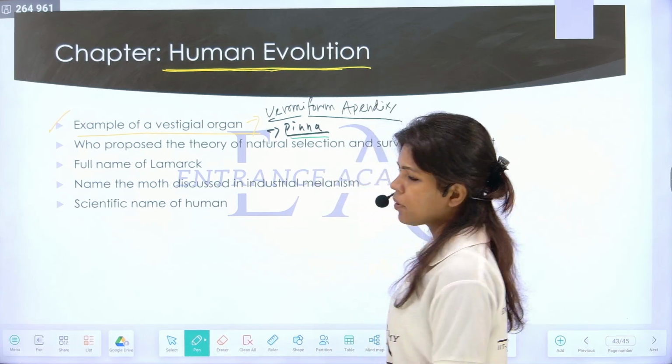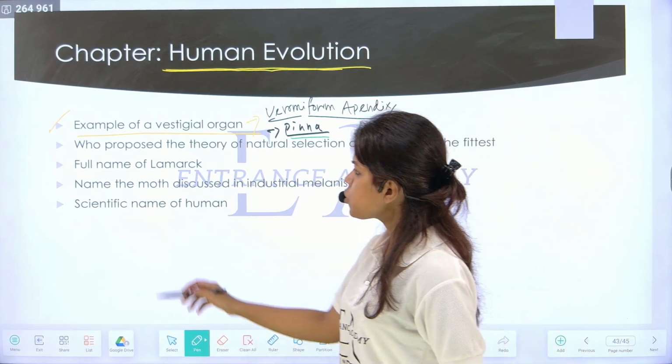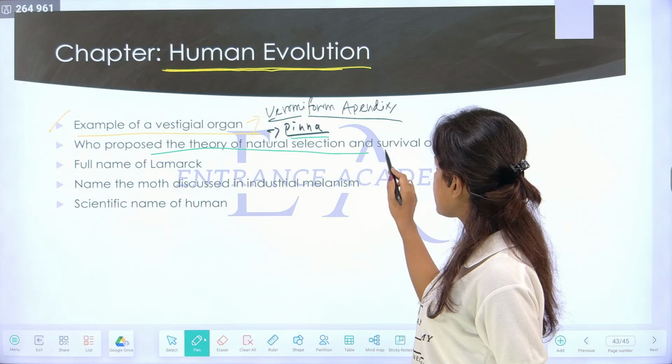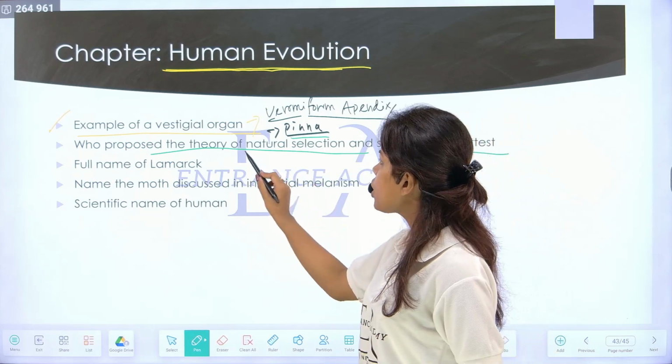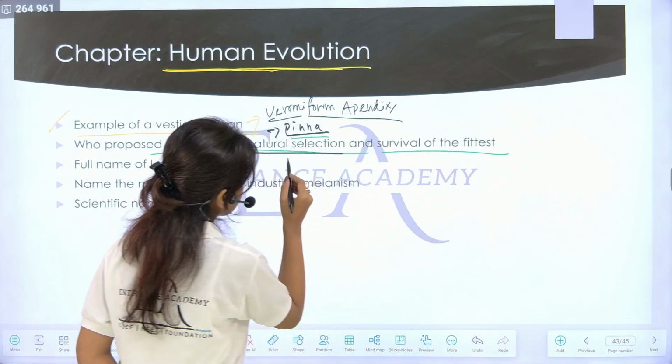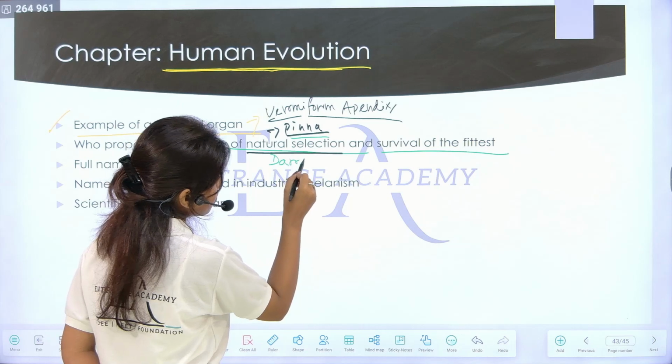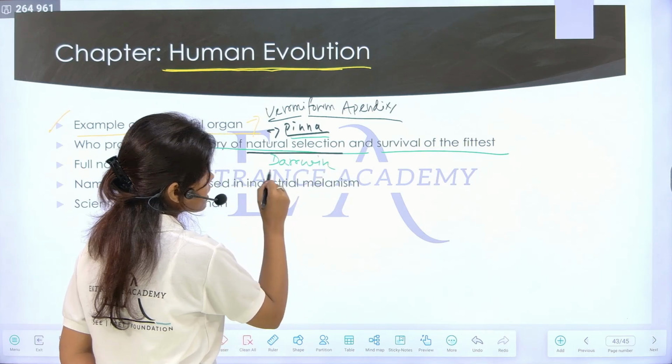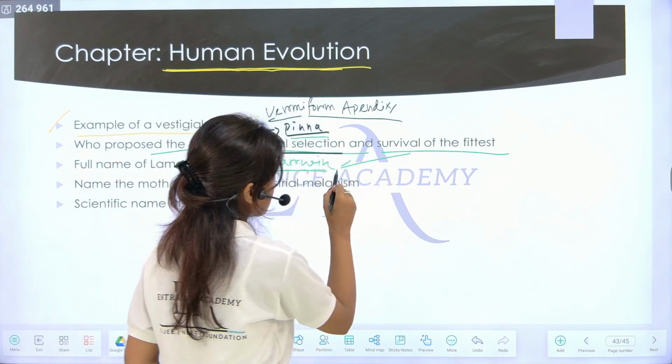These are the examples of vestigial organ. Next, who proposed the theory of natural selection and survival of the fittest? The theory of natural selection was proposed by the scientist Darwin. And survival of the fittest is also proposed by the scientist Darwin.